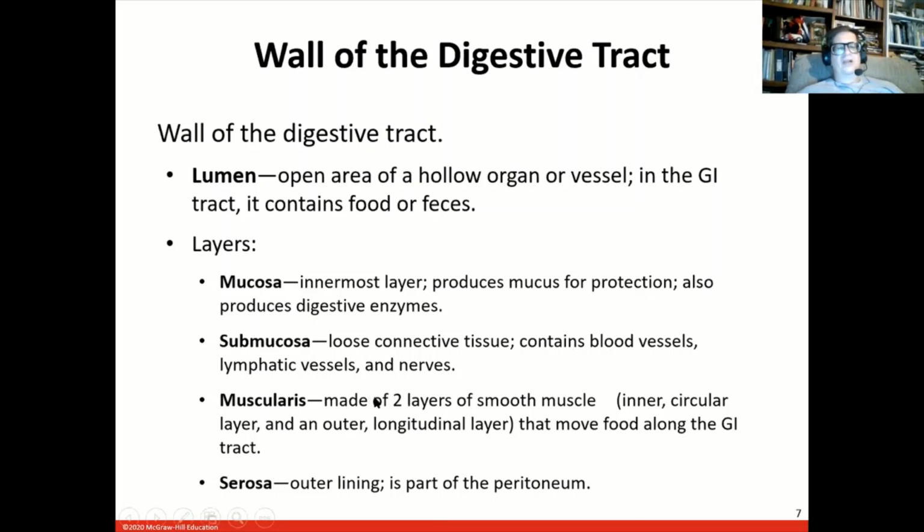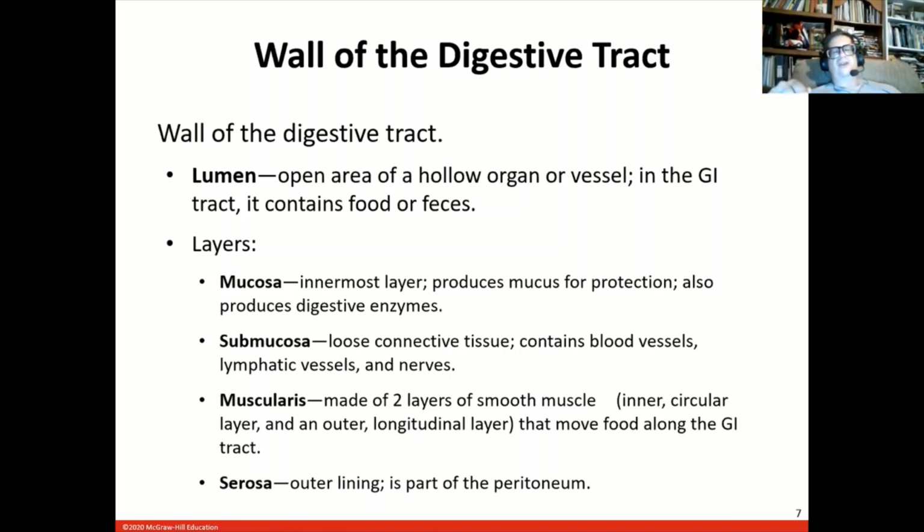The muscularis is made of two layers of smooth muscle, an inner circular layer, that's the one I was talking about that does the peristalsis, and an outer longitudinal layer, that move the food along the GI tract. I'm going to give you the two exceptions again.